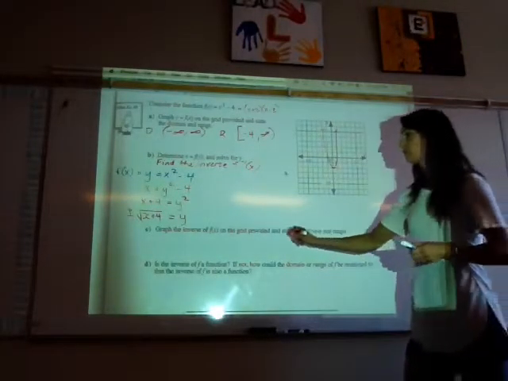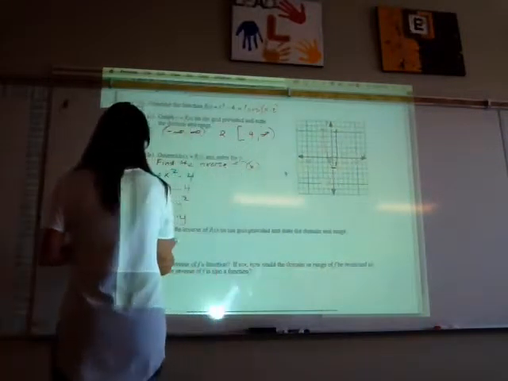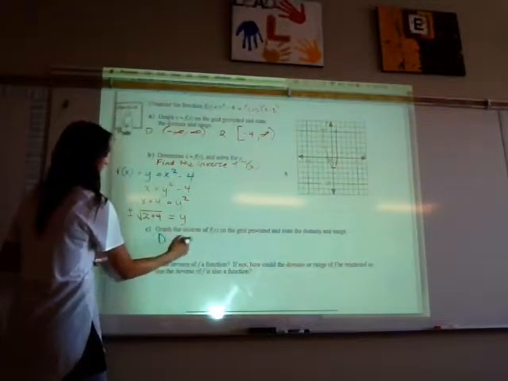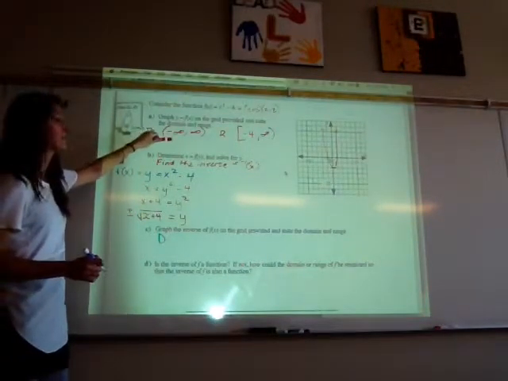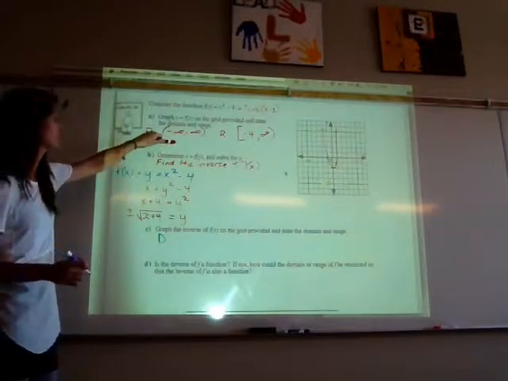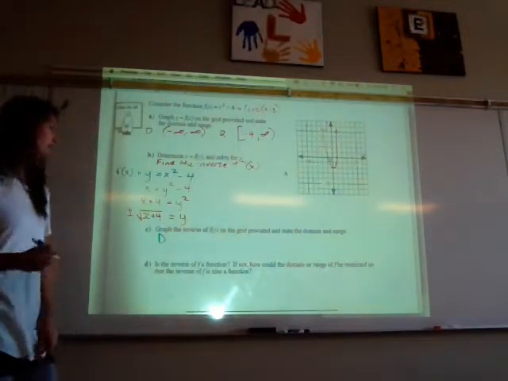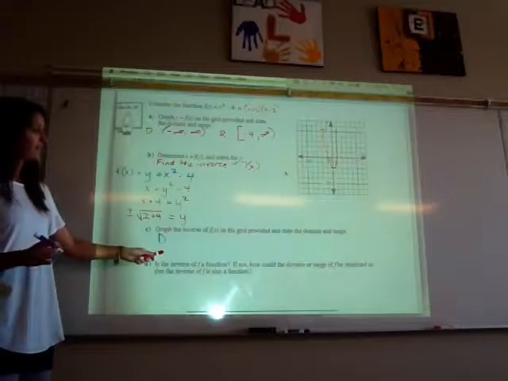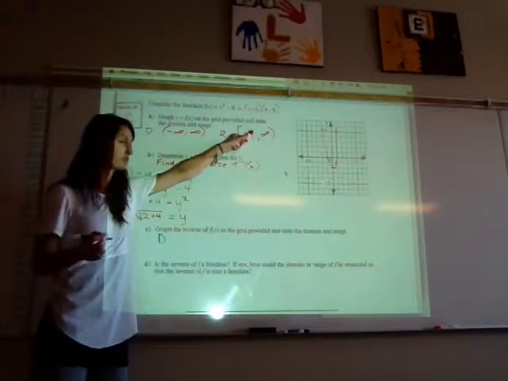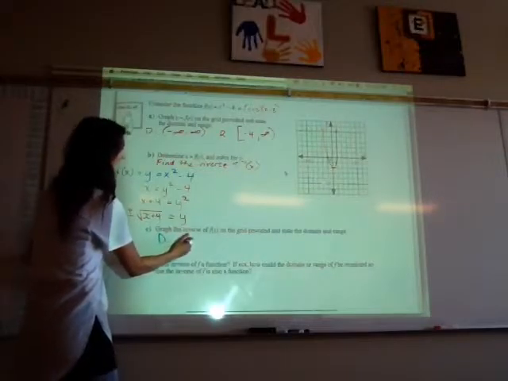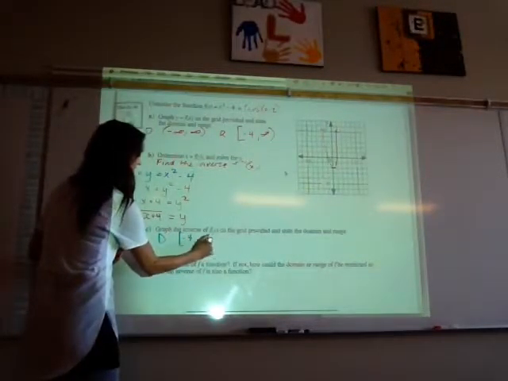Just going into part C here, let's talk about the domain and range before we actually put it on our graph. Okay, so the original function had a domain of x an element of all real numbers. The range was that y had to be greater than or equal to negative 4. So the domain of the inverse function will come from the range of the original function. So the domain will be x is greater than or equal to negative 4.